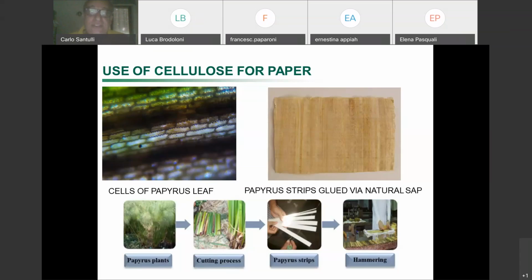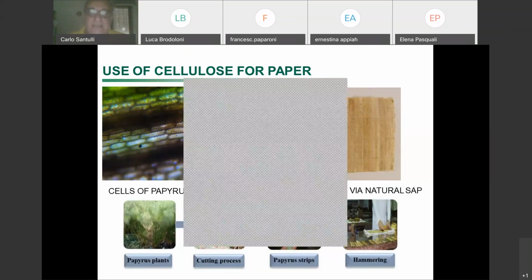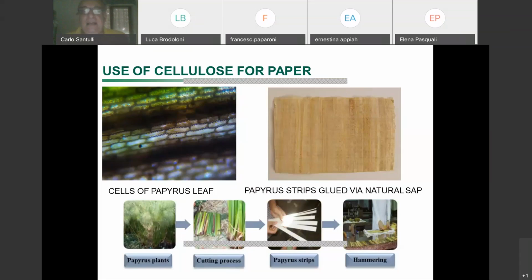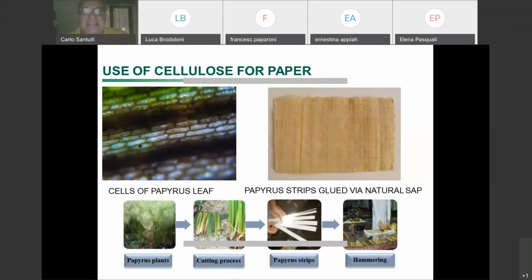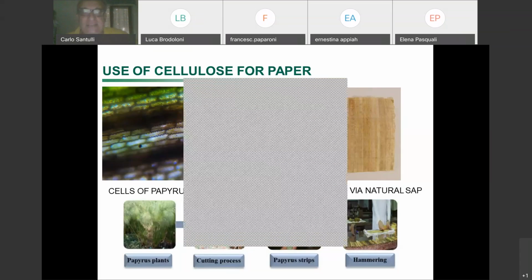One of the first items that has been used and developed was paper. Paper history matters because it's one of the materials that survived, like glue. Glue survived because it has an essential function. Paper as well has an essential function.